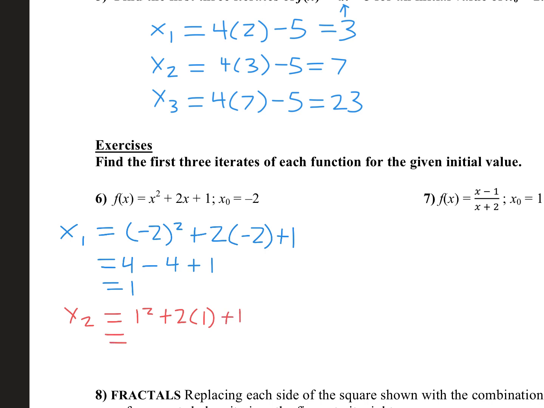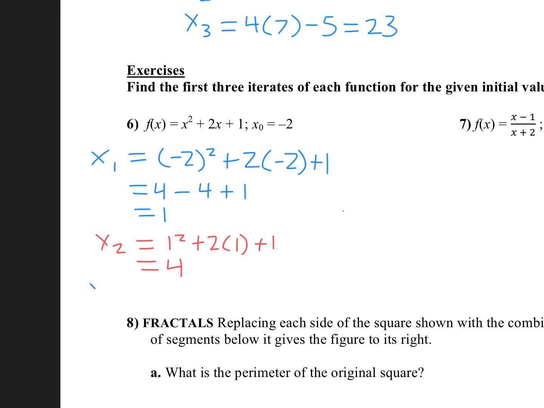Right, so x2 is 1 plus 2 plus 1, that is 4. x3, we take 4, plug that in for x. 4 squared plus 2 times 4 plus 1, that equals 16, plus 8 plus 1, which is 25.